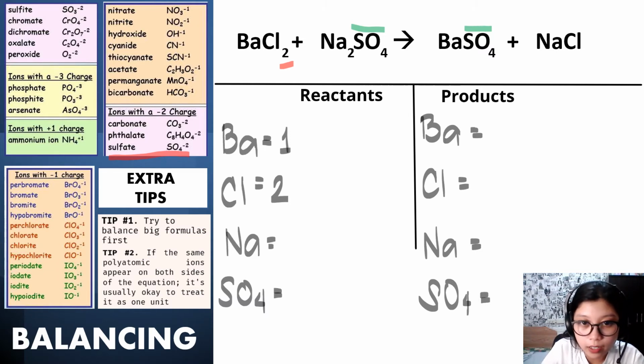For Na, according to the subscript, it has 2. For SO4, remember we're treating it as one unit and there is only one SO4, thus there is only 1.